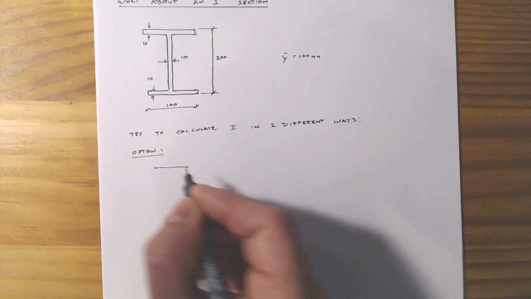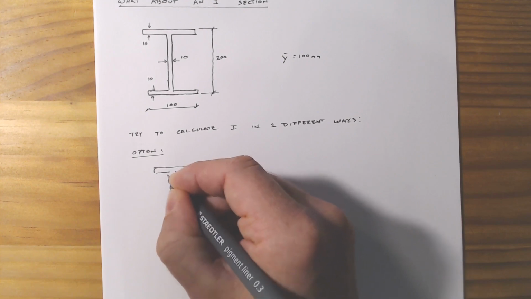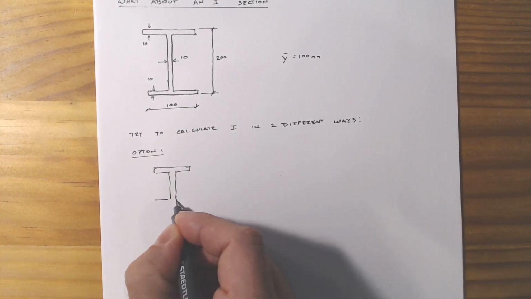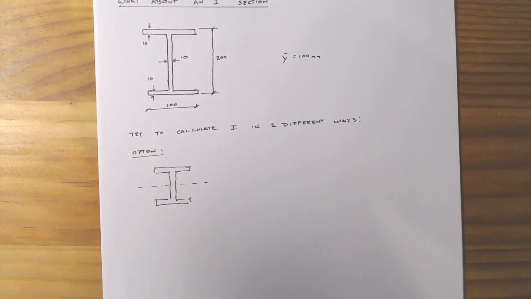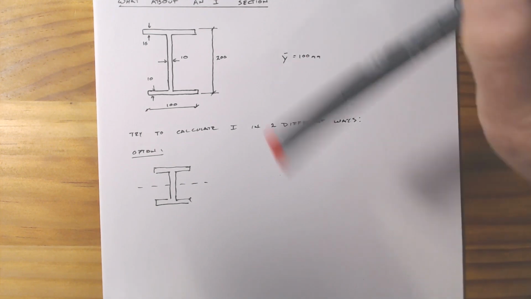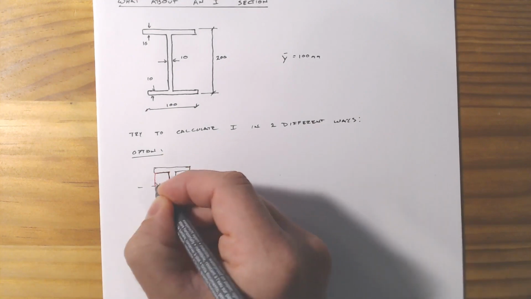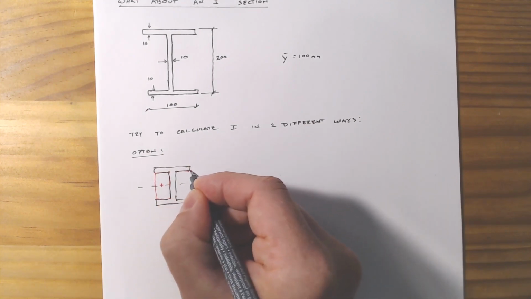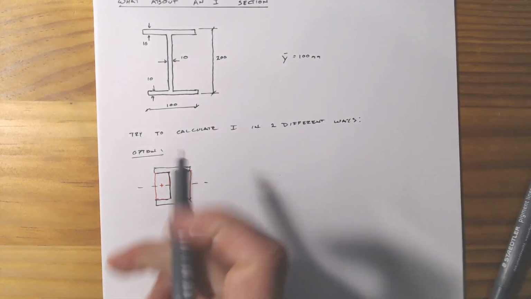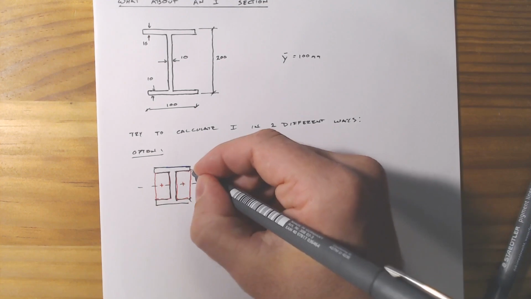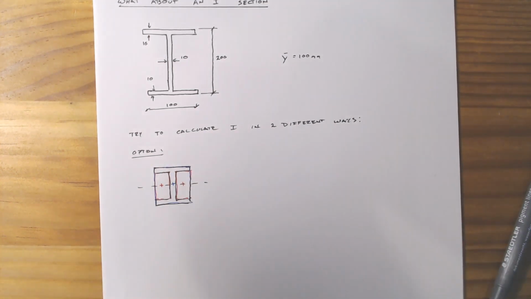So if we have our I section here, and we know that our centroid is across here, we'll draw our voids in red. Our voids have their centroid sitting right here, and the exterior of the whole section has its centroid sitting right there.